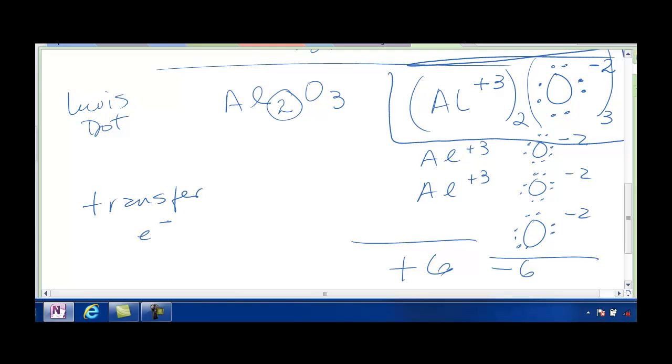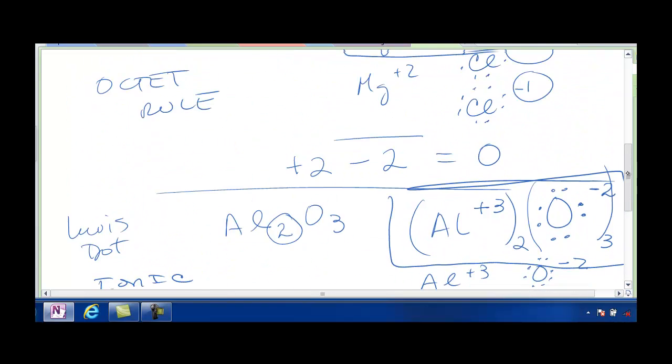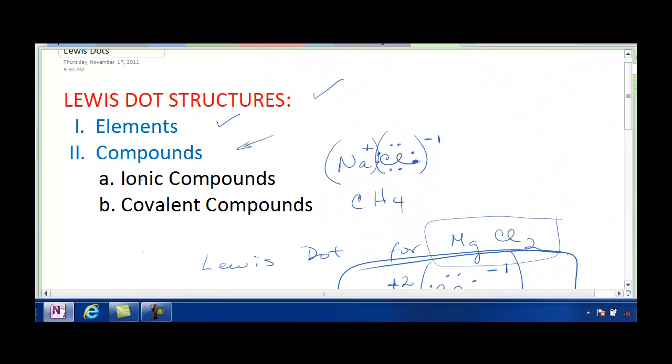Okay, so we are transferring electrons if you have an ionic compound. Ionic compounds transfer electrons. The metal loses electrons, and the nonmetal gains electrons. If we don't have an ionic compound, if we have a covalent compound, and the example you just gave me was CH4, remember that hydrogen for us is a nonmetal.